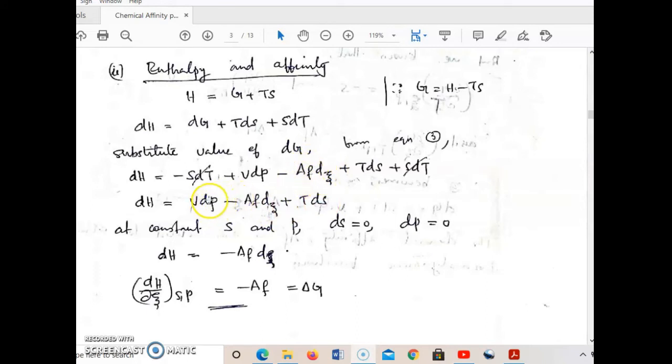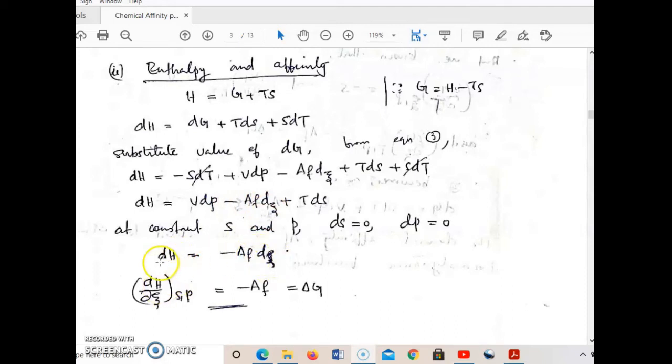So we are assuming pressure and entropy are constant. Okay. So at constant entropy and pressure, dS becomes equal to 0 and dP becomes equal to 0. So we have dH is equal to minus AF d theta.